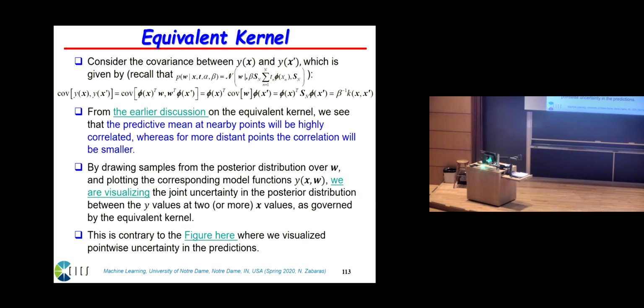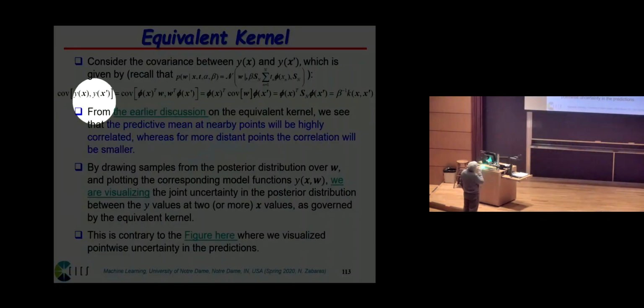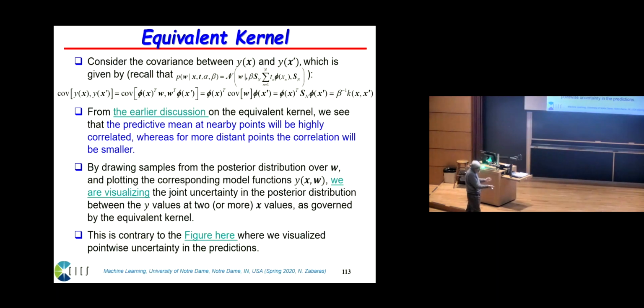So let me do the following calculation to give you the physical meaning of what the kernel is and relate this back to some of the plots that I showed you in the last lecture yesterday. Let me take the predictive means at two different locations, x and x prime, and calculate the covariance, how they correlate with each other.